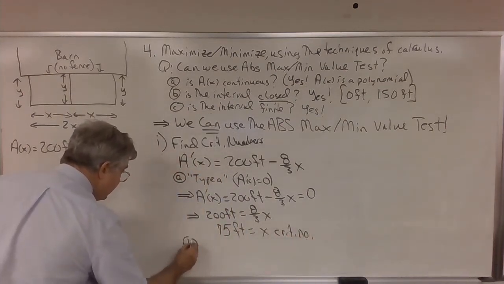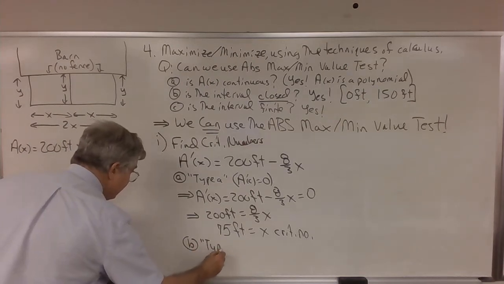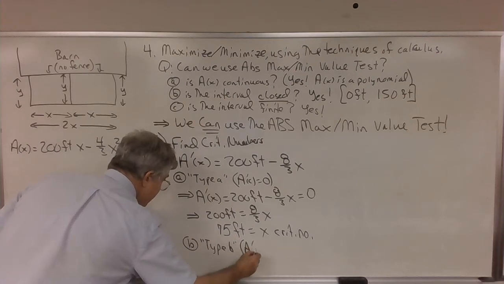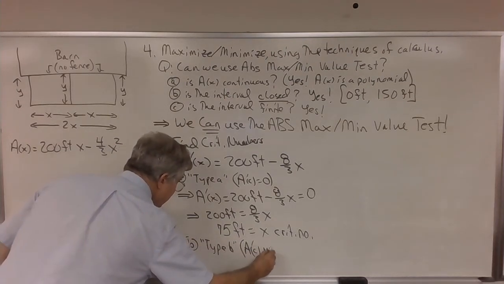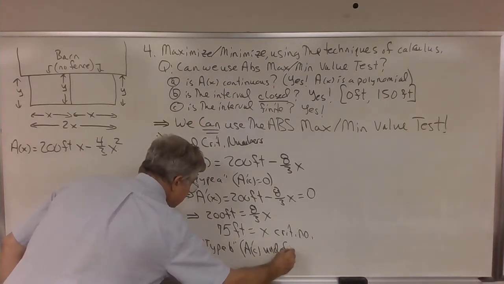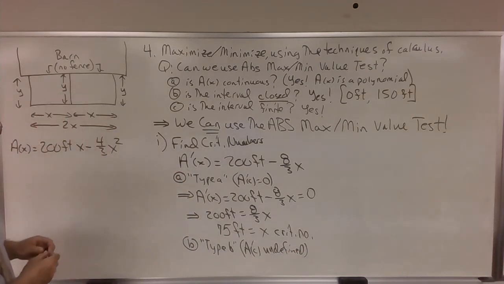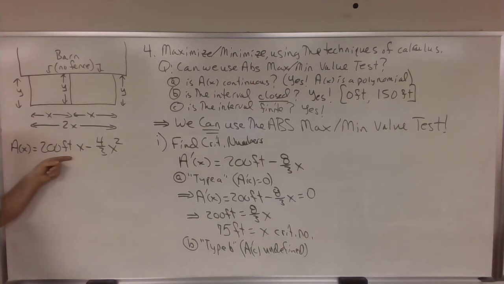And then we look for type B. A prime of c undefined. Here's our derivative: 200 feet times x minus 4/3 times x squared.